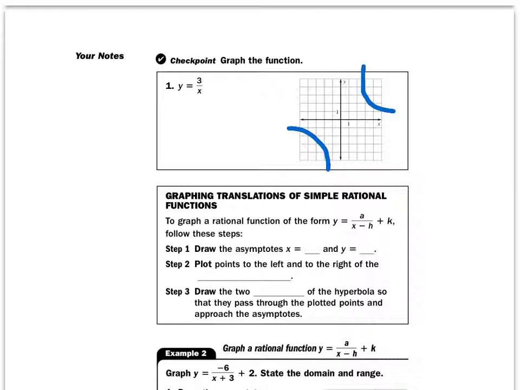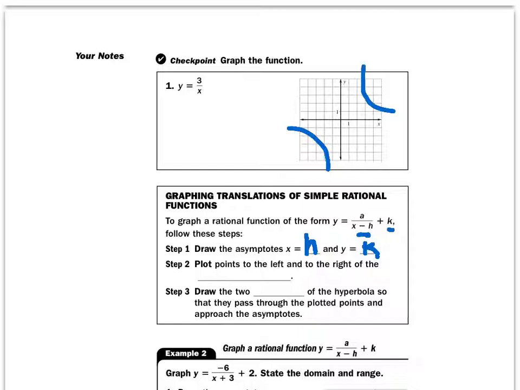Okay, now how about translations? So here's the form for the translations. Notice the sign, negative for the h, positive for the k. And what this translation does is moves the asymptotes over. So draw the asymptotes, x equals h, y equals k.